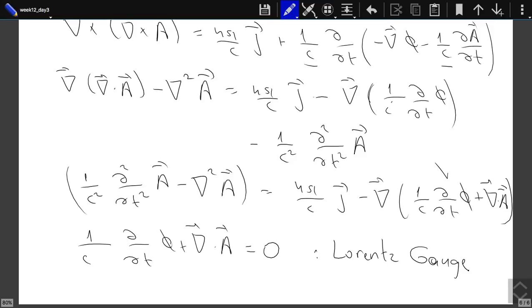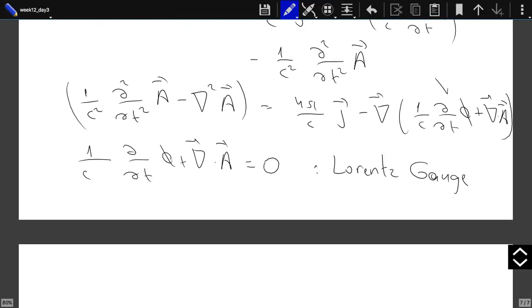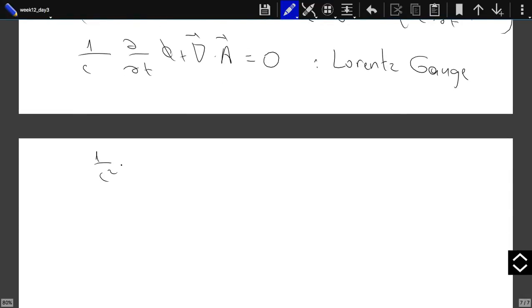Well, even in the Coulomb gauge, observables do propagate at the speed of light. Although the potential changes instantly, the observables will still propagate at the speed of light. But this property is obvious in the potentials also in the Lorentz gauge. Whichever one you like, just pick which one appeals to you. Let's continue with the Lorentz gauge. So in the Lorentz gauge, A satisfies this equation.